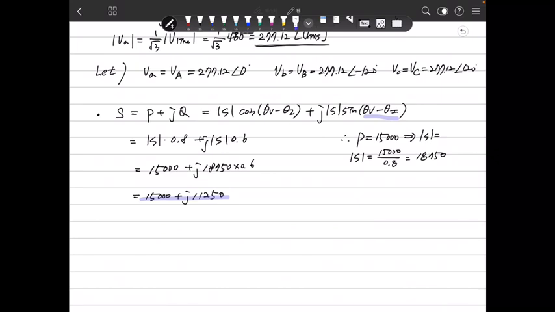So if we consider only one phase, like SA, there will be one third of S. So there will be 5,000 plus j 3,750, with unit VA here.